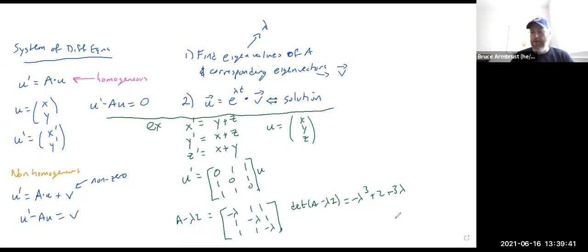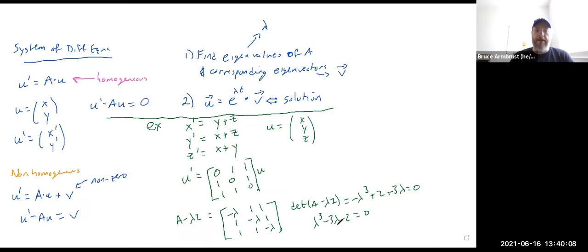So that's actually going to be plus 3 lambda. And we need to set that equal to 0. So let me just rewrite it with a positive, and we'll do it in descending order. So we need to find the roots of this.